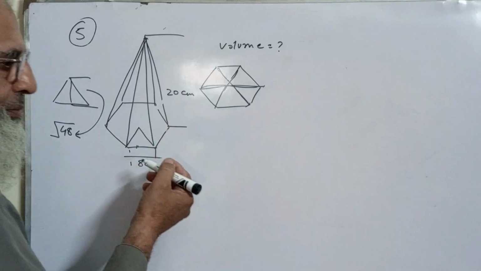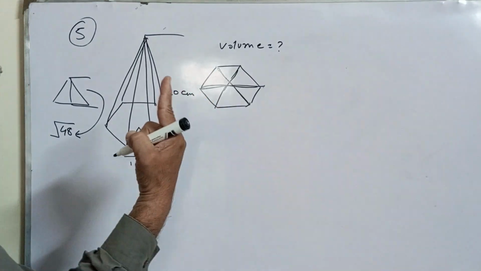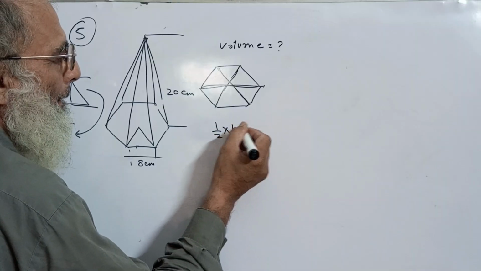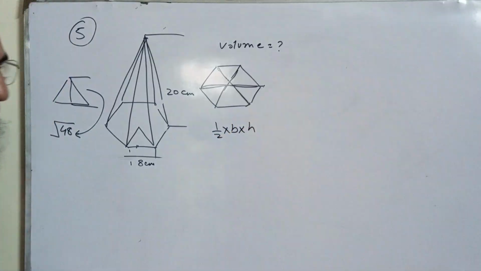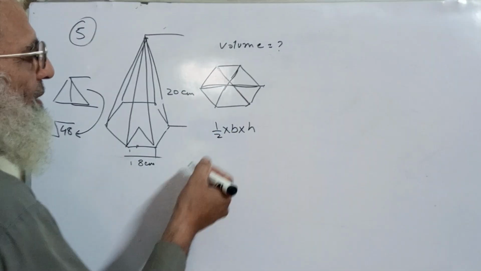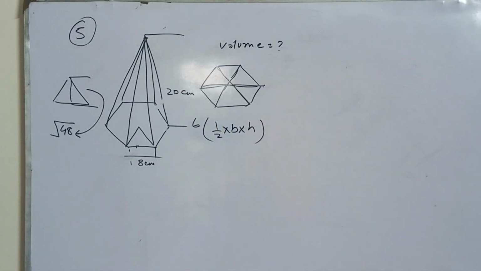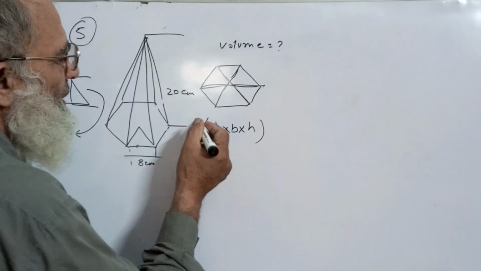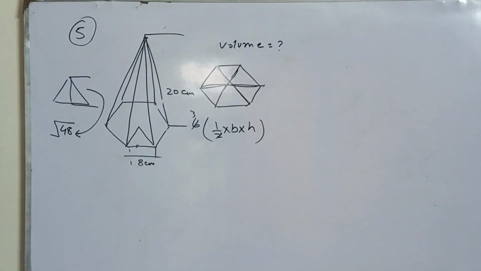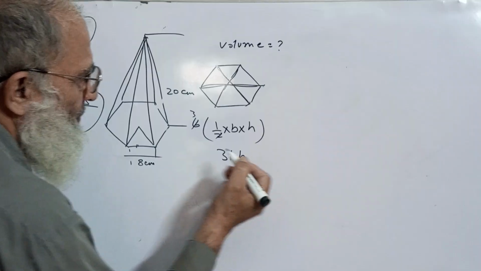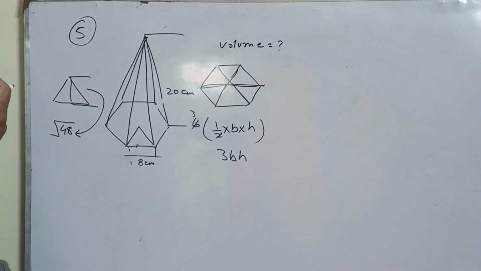So the area of one triangle is half base into height, and the area of 6 triangles is this. That means 3 base into height is the area.